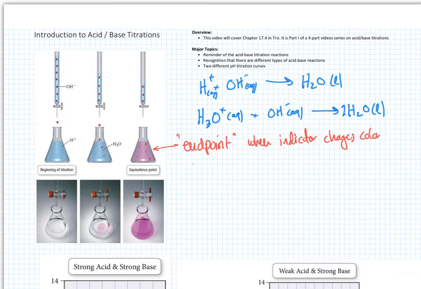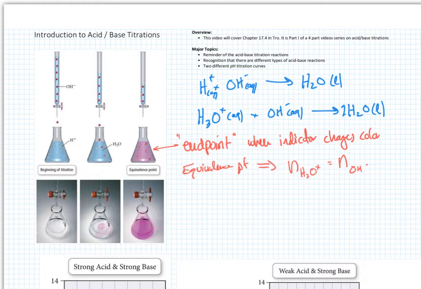The equivalence point is when the number of moles of acid, the number of moles of H3O+, is equal to the number of moles of OH-. Okay, so the equivalence point is when the mole ratio has exactly been reached and the chemical reaction is now equivalent to one another. So there's a little bit of distinction.